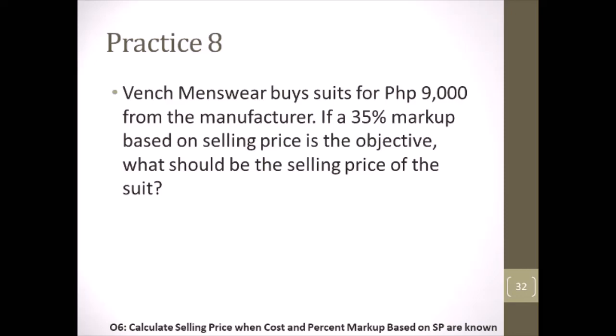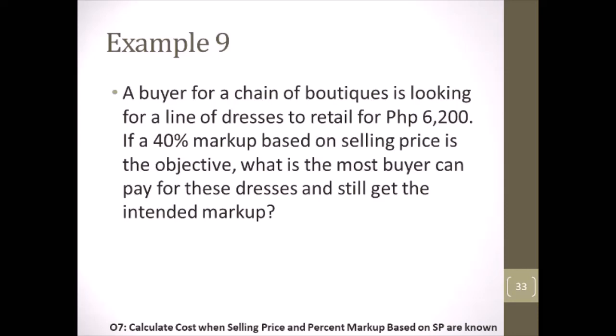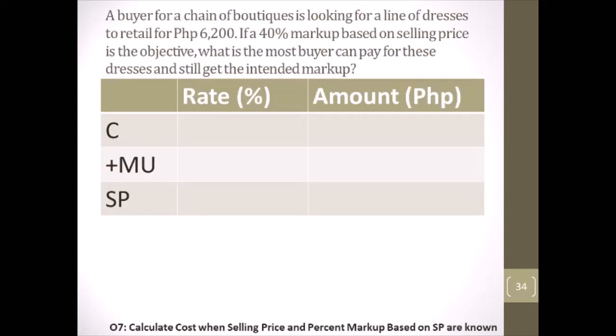Next item about markup based on selling price. So this time, you will calculate the cost of the item when selling price and percent markup based on selling price are known. So let's have the table. A buyer for a chain of boutiques is looking for a line of dresses to retail for 6,200 pesos.